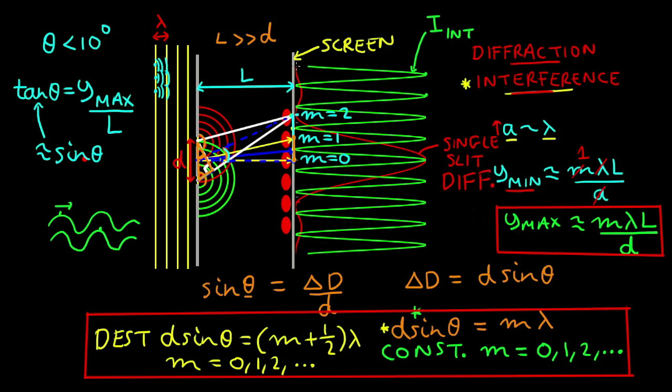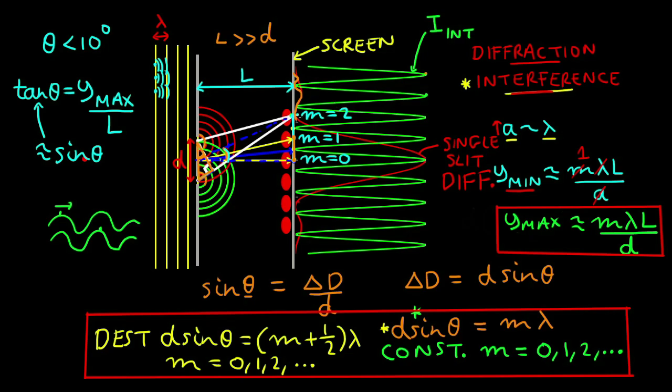Remember, for a single slit we had the following envelope, and therefore in a double slit experiment, when we consider both diffraction effects and wave interference, our intensity plot looks something like this. So we have a maximum here, and then a minimum, and then a maximum, and then a minimum, and this continues on and on.